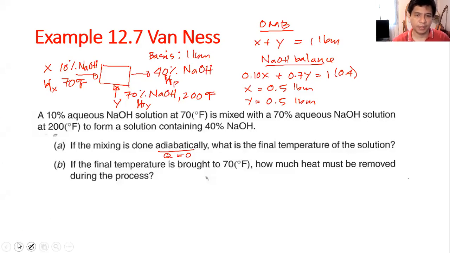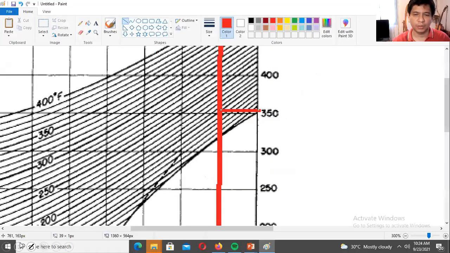I have here, so ito yung sa PID, I use paint. So the first one is, so ito yung mataas, bakit hindi kita?